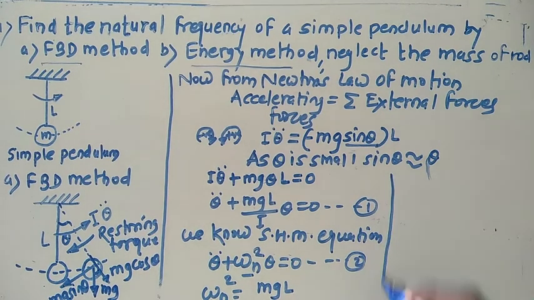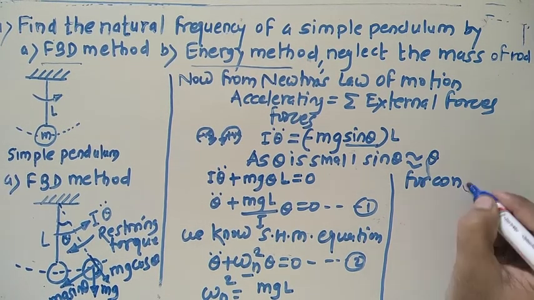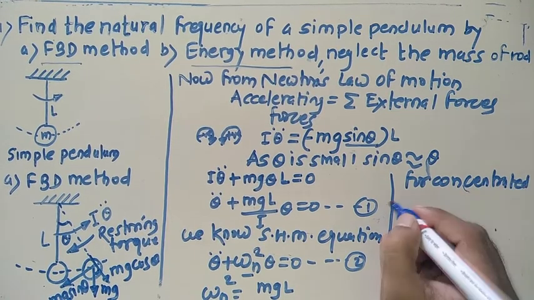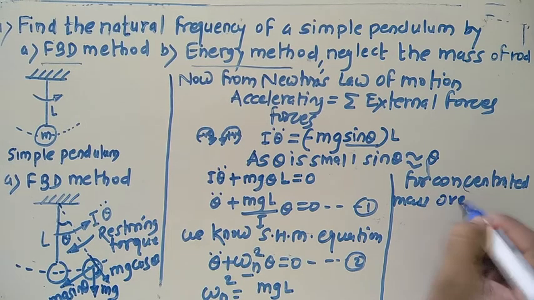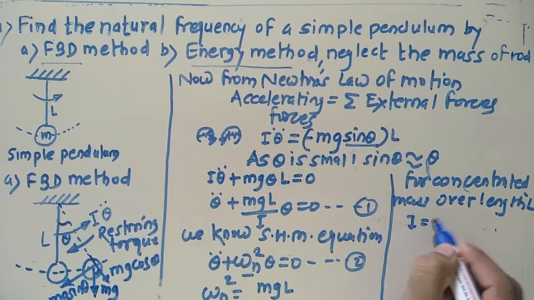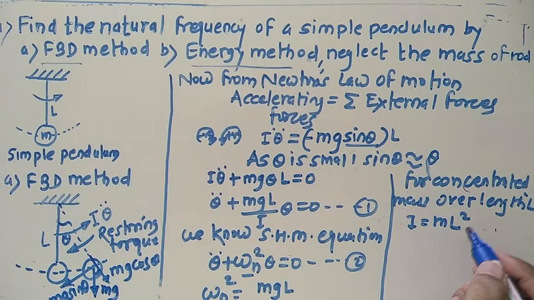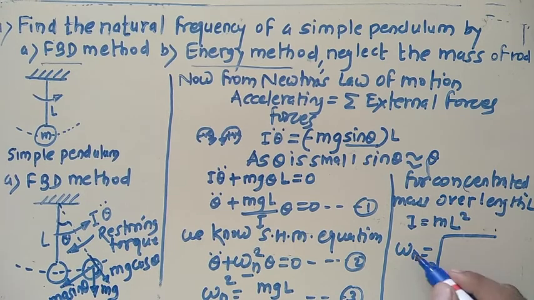Now for the concentrated mass over length L, we know I is nothing but mL square. So from equation number 3, if I replace I by mL square, omega n equals the square root of mgL divided by I, replaced by mL square.